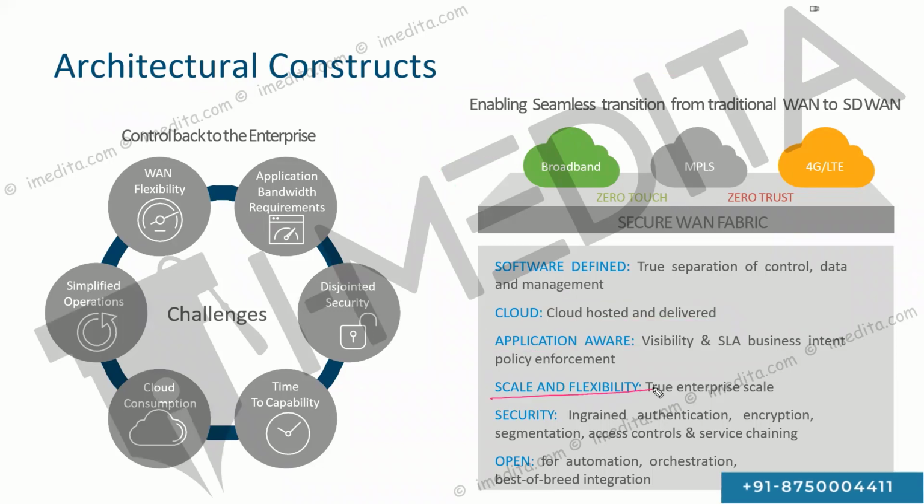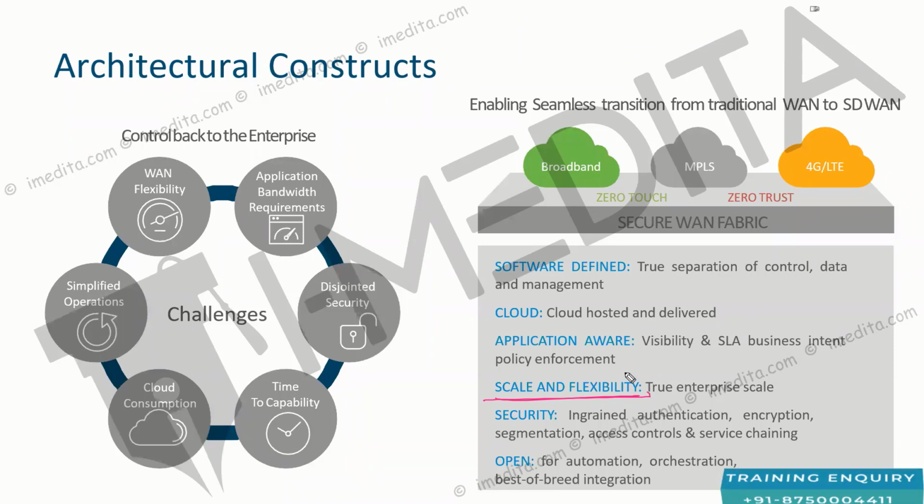Scalability and flexibility: since the controllers are deployed onto the cloud, we can scale them. We can have one vManage or more than one vManage deployed. Like we can have one vBond or more than one vBond, one vSmart or more than one vSmart deployed. It is a very scalable solution.